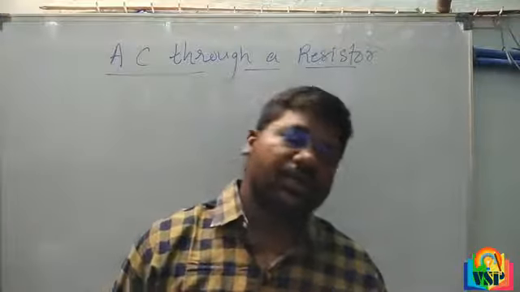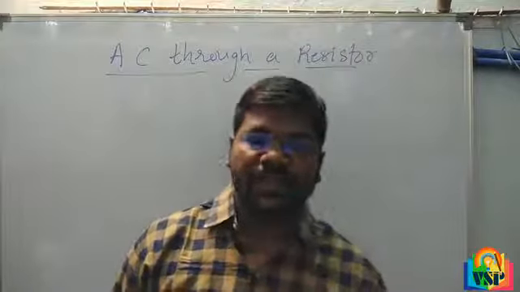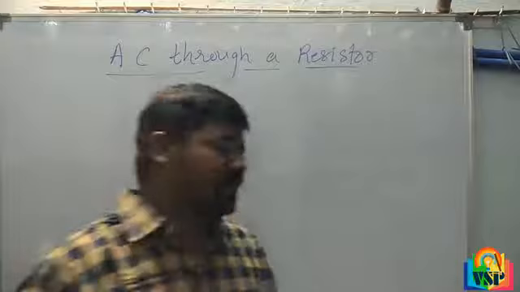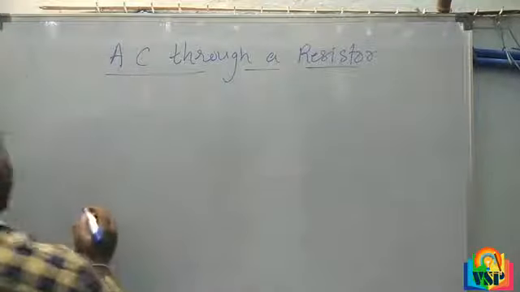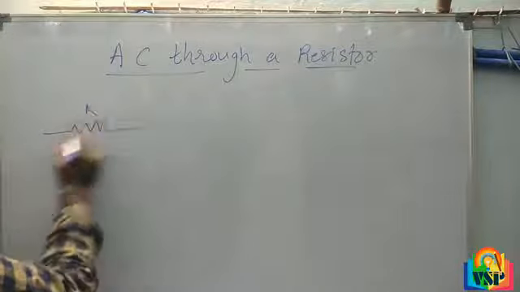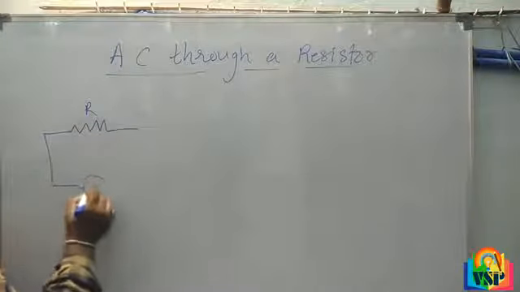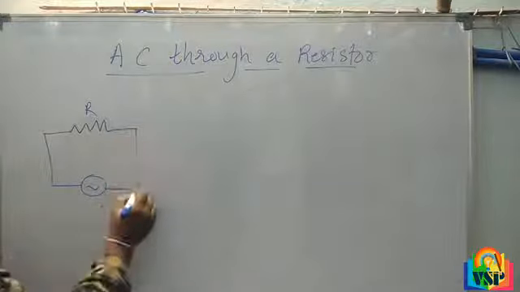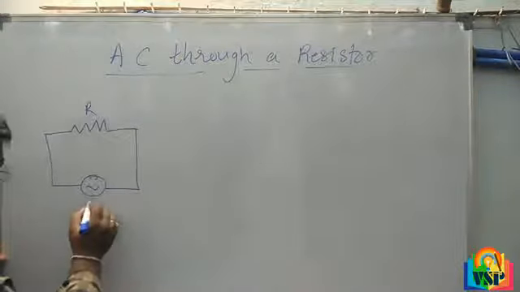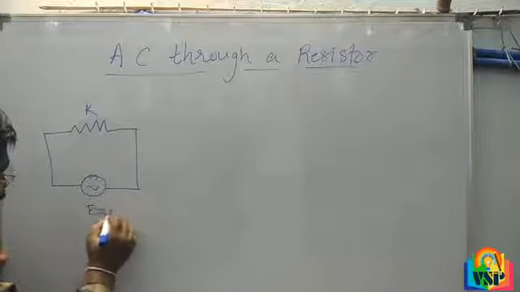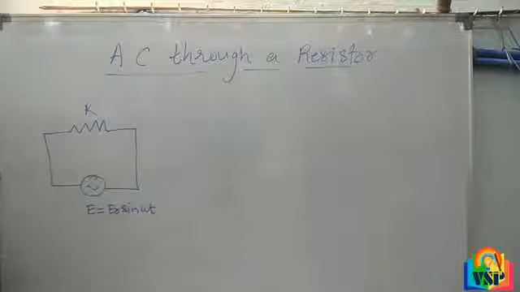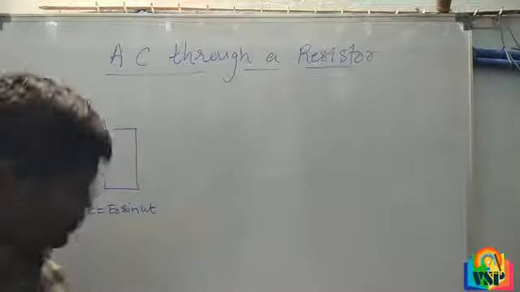So consider a resistor R, and we apply an alternating EMF. Here the alternating EMF is E is equal to E naught sine omega t.